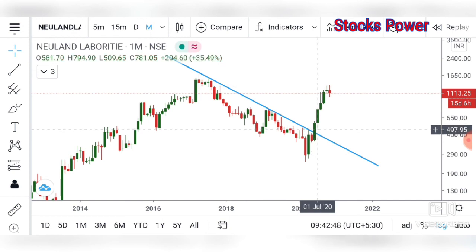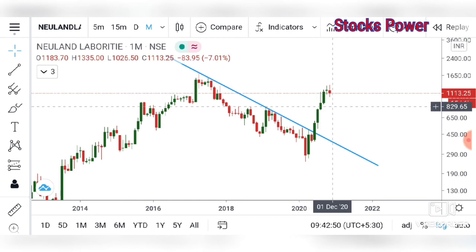After 500 rupees it went on making highs, check here, you can see a high of 1335. It gave almost how many points, check, 800 points in just 2 to 3 months. In 3 months it has given more than 800 points. So this is a multi-bagger stock. This is how we have to find multi-bagger stocks.